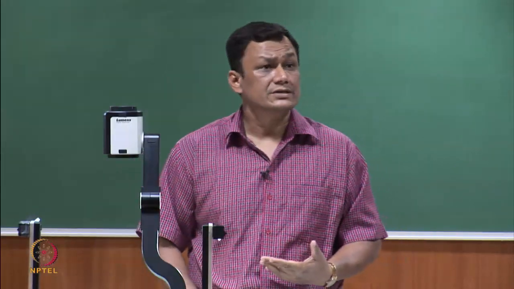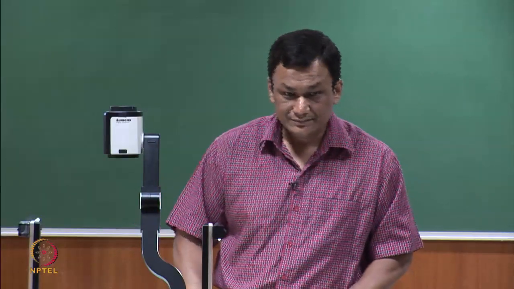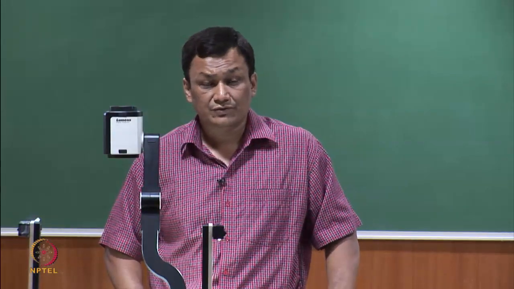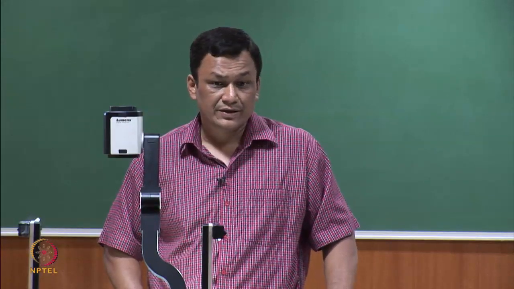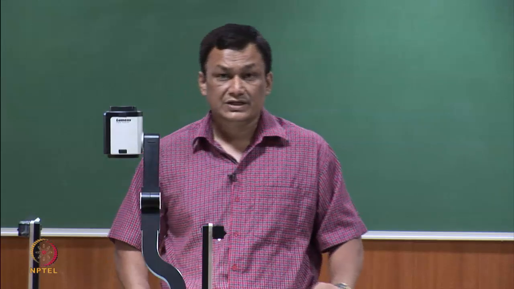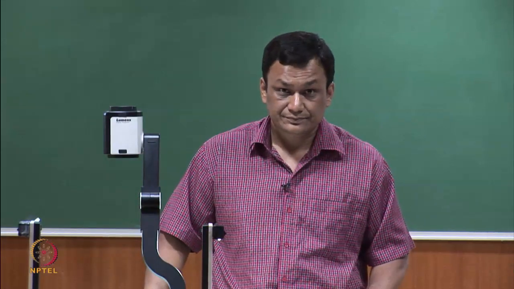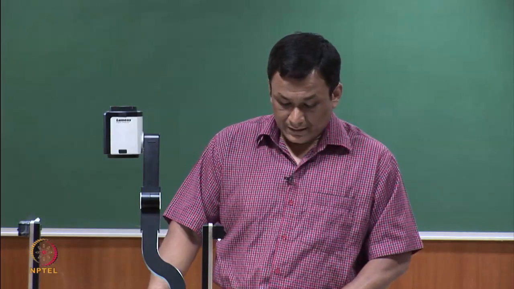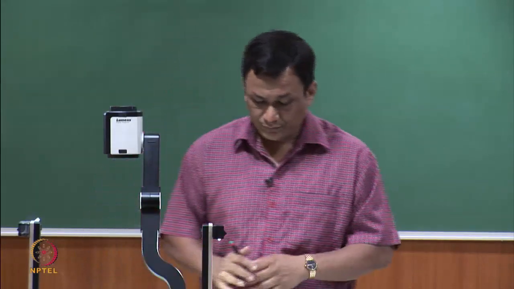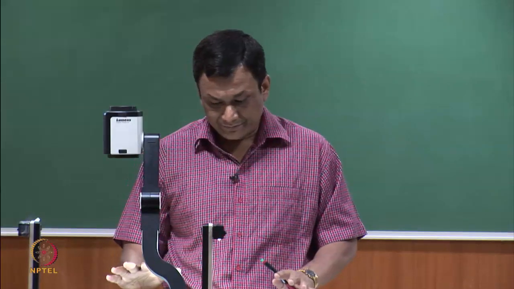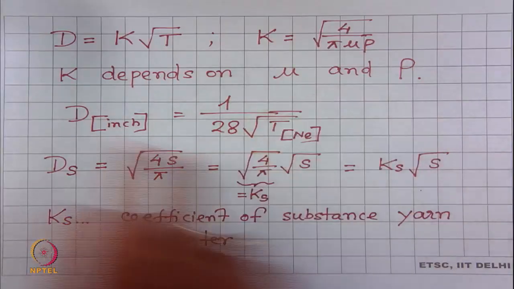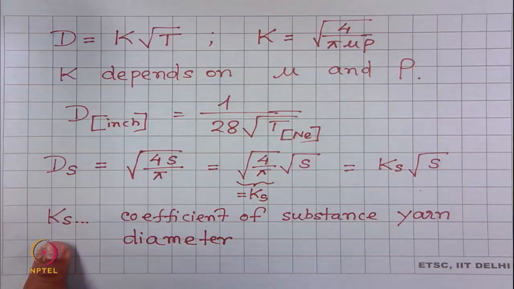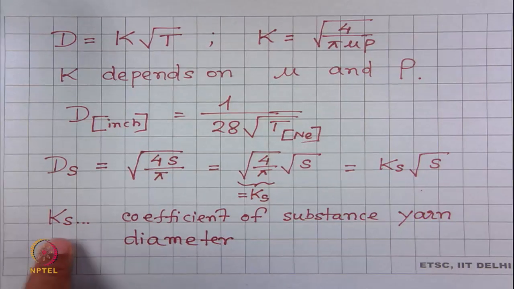One dimensionless quantity is packing density. It is the ratio of volume to volume, and by now you know the importance of packing density. It talks a lot about the internal structure of yarn. So, we have learned about yarn diameter, substance yarn diameter, and also the coefficient of yarn diameter capital K and coefficient of substance yarn diameter capital K subscript s.